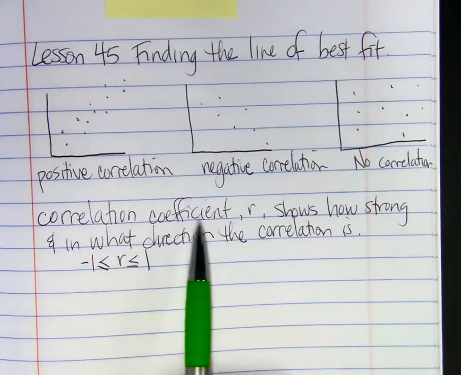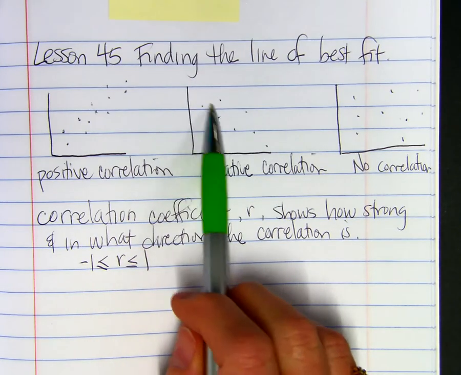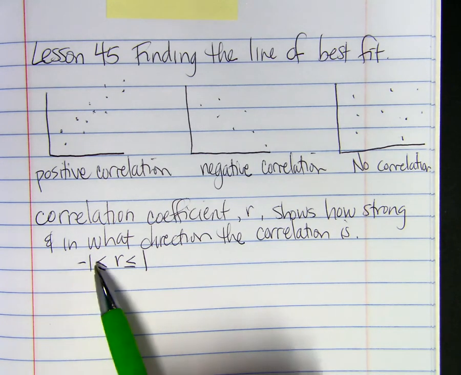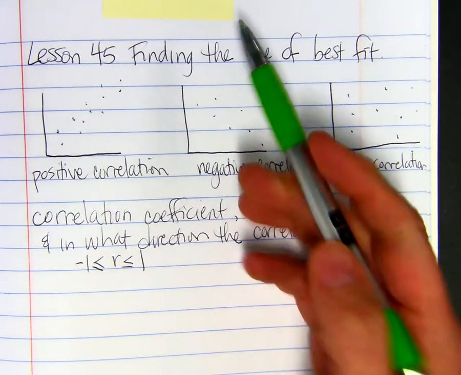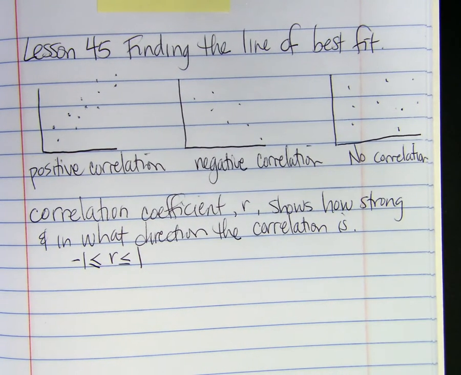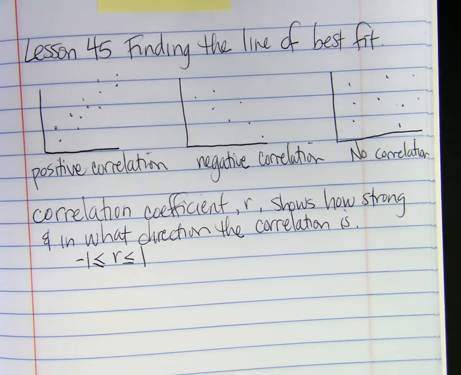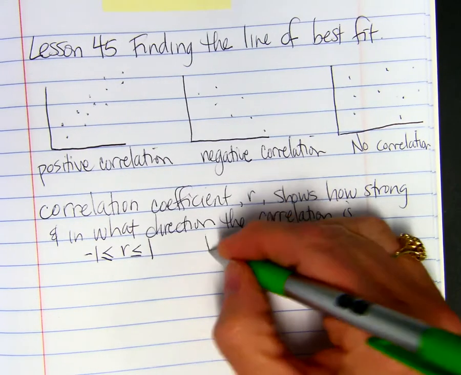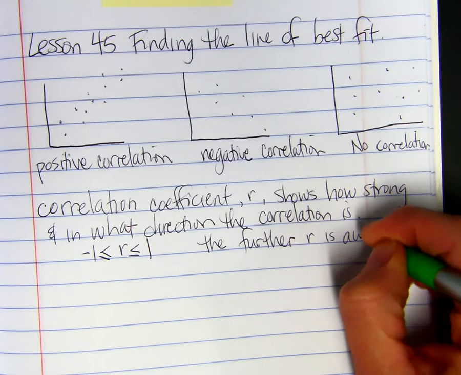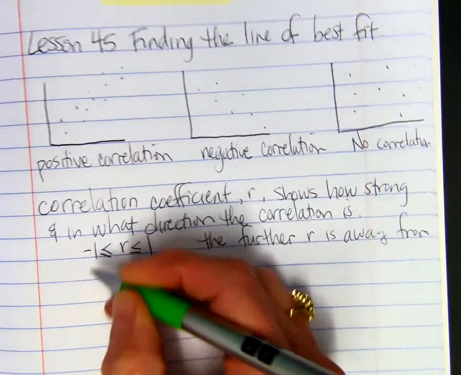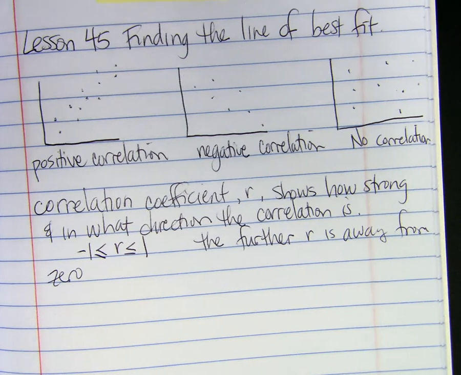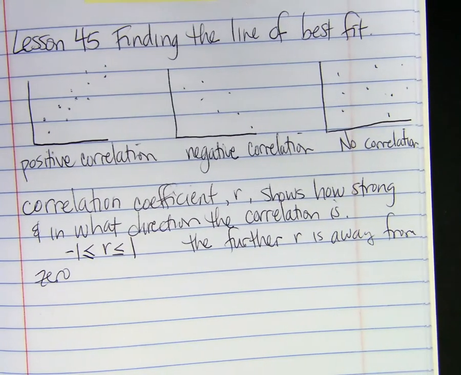If your correlation coefficient is negative, it'll have a negative slope. If the correlation coefficient is positive, it will have a positive slope. The further R is away from 0, the closer the points will be to a straight line.